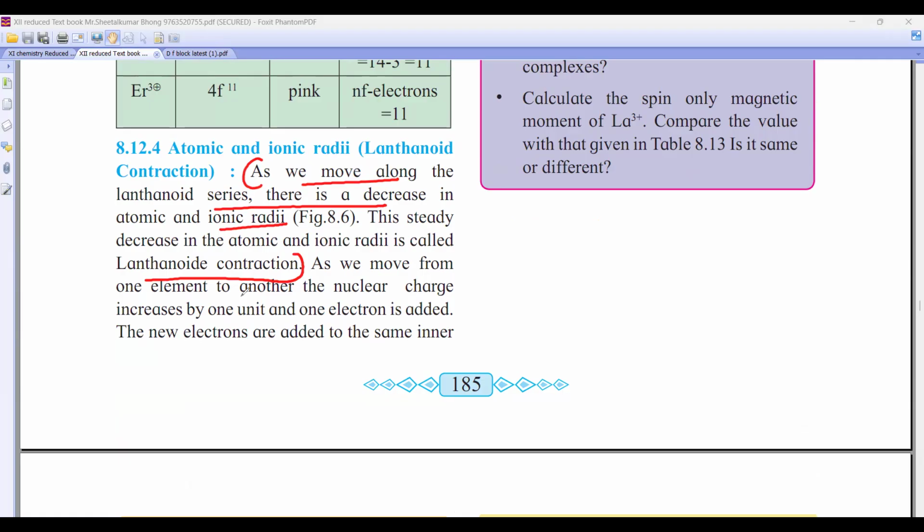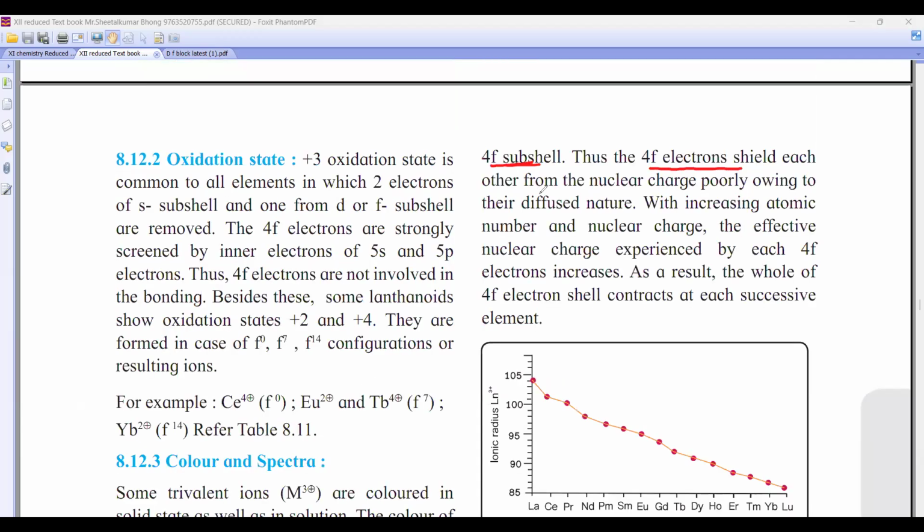As we move from left to right, beta, atomic number increases, therefore nuclear charge increases. Inside the nucleus are protons; as atomic number increases by one, protons will increase, right, beta? The new electrons are added to which inner shell? The inner 4f subshell. The 4f electrons shield each other and the nuclear charge poorly owing to their which nature? Diffused.